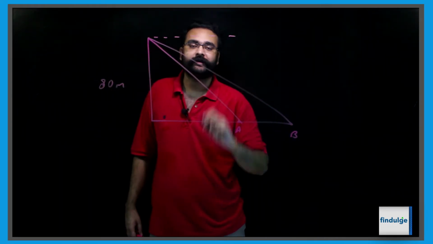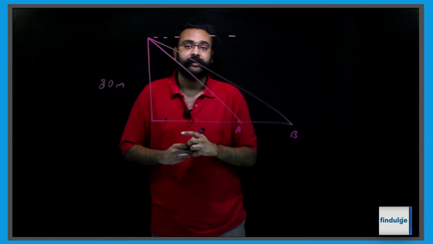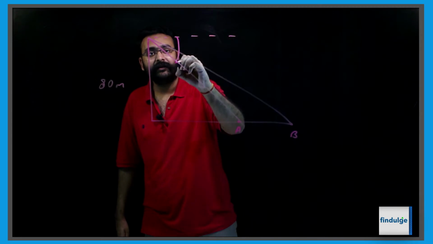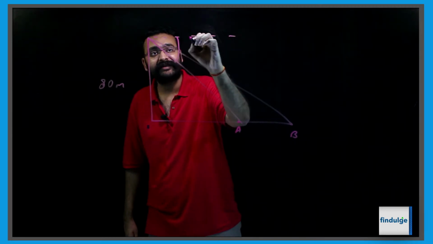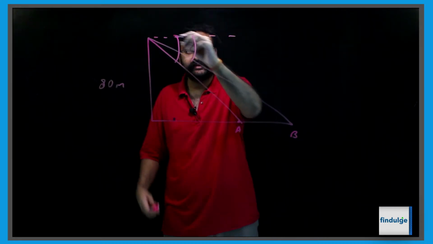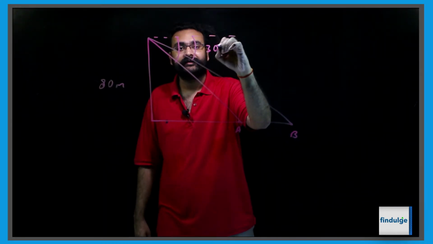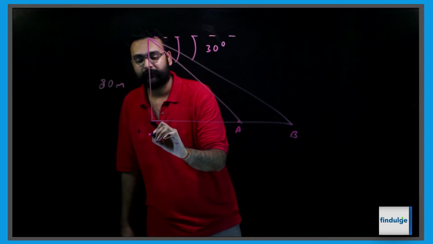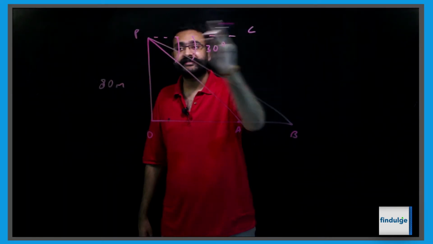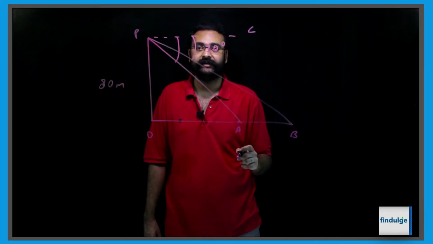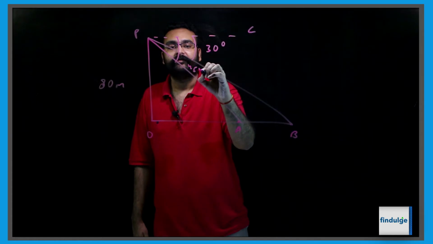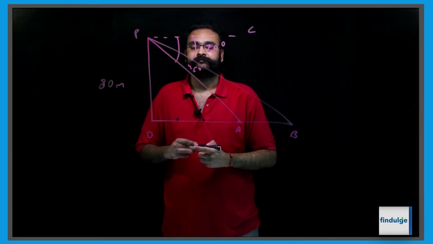Now we're talking about angle of depression, so I create my parallel. It's quite clear that this angle is bigger than this angle. Therefore, this is the one that is 30 degrees. Let it be OP and this be some other point C. So CPB is 30 degrees and CPA is 45 degrees.